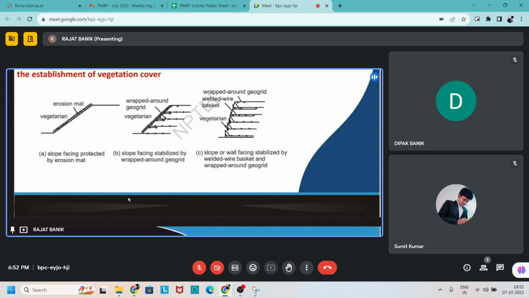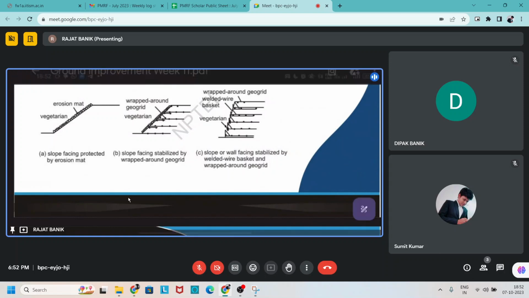So this third one is created by two ways: welded wire basket geogrid and wrapped-around geogrid, to protect and stabilize the wall or slope face, and over this we can also use vegetation cover.